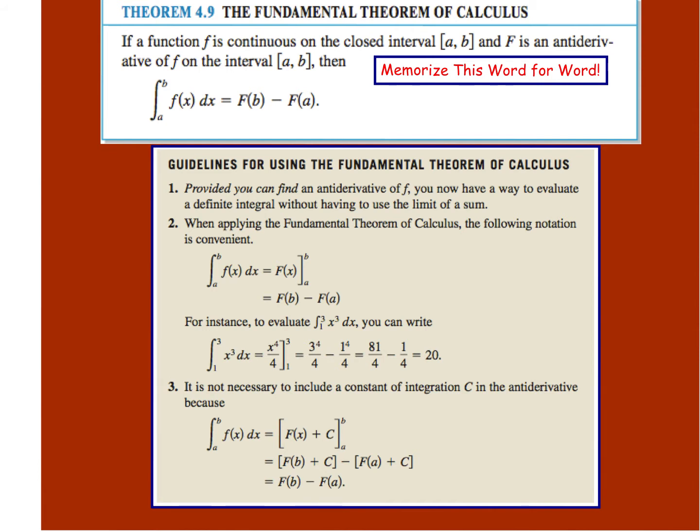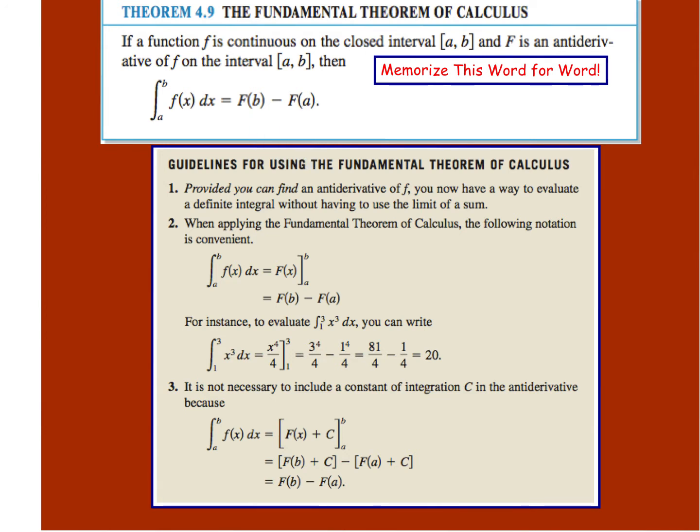So this a is your lower limit, your b is your upper limit, or your lower index of summation and your upper index of summation. This f of x is your function. And so what it is, you take your antiderivative of f, so it's big F, and then we substitute in our upper, and then minus we substitute in our lower.